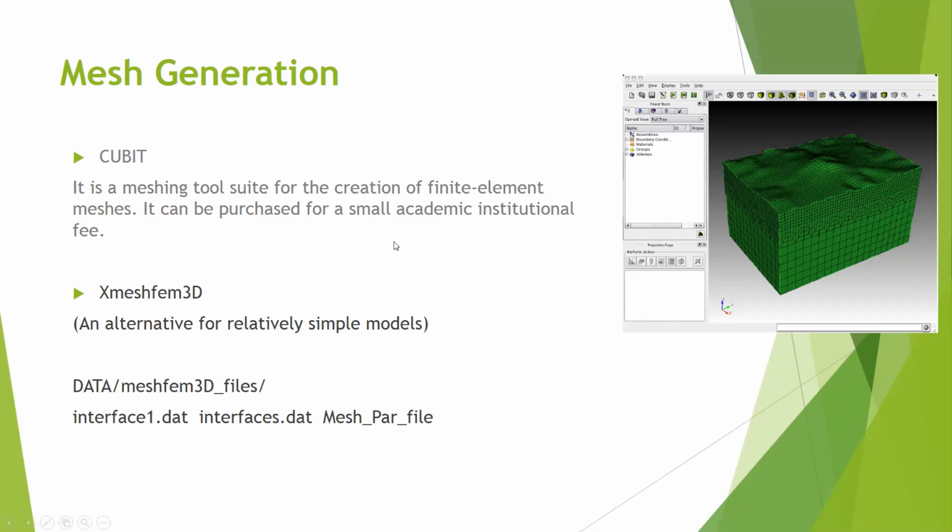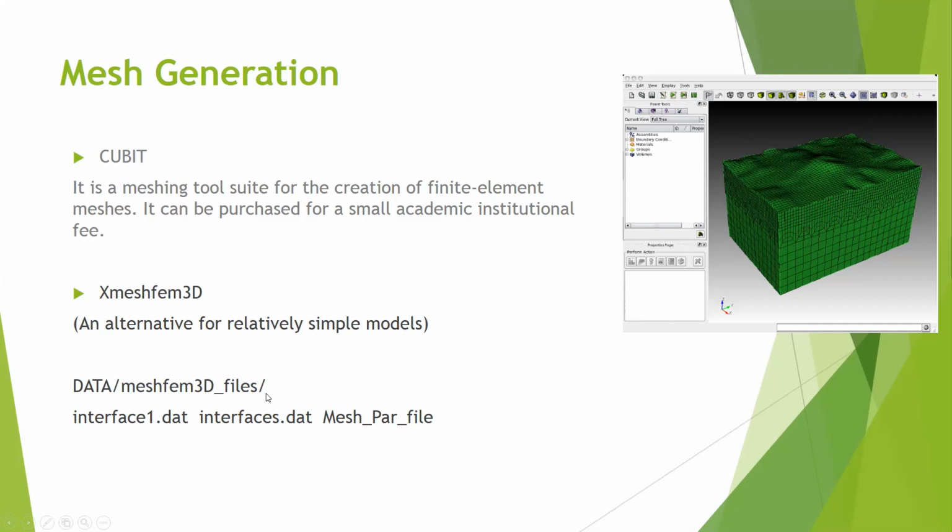As an alternative tool, this program has another tool called xmeshfem3D. It's an internal tool in this program. You don't need to install it again, and it can be used to build relatively simple models. To build a model with xmeshfem3D, you need to have this meshfem3D_files folder in the data directory.